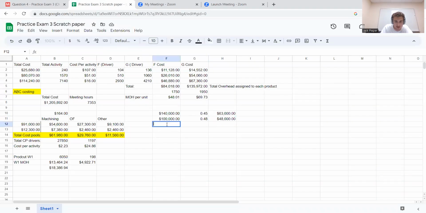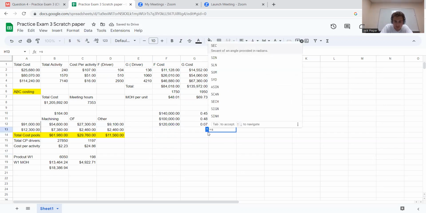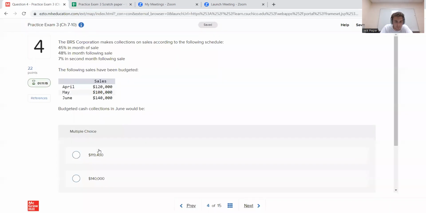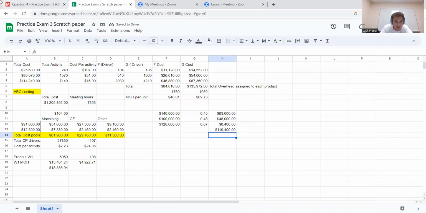So we'll do 120,000 times 0.07. Put that in dollars, and now we can total them. That's our total cash collections, 119,400.